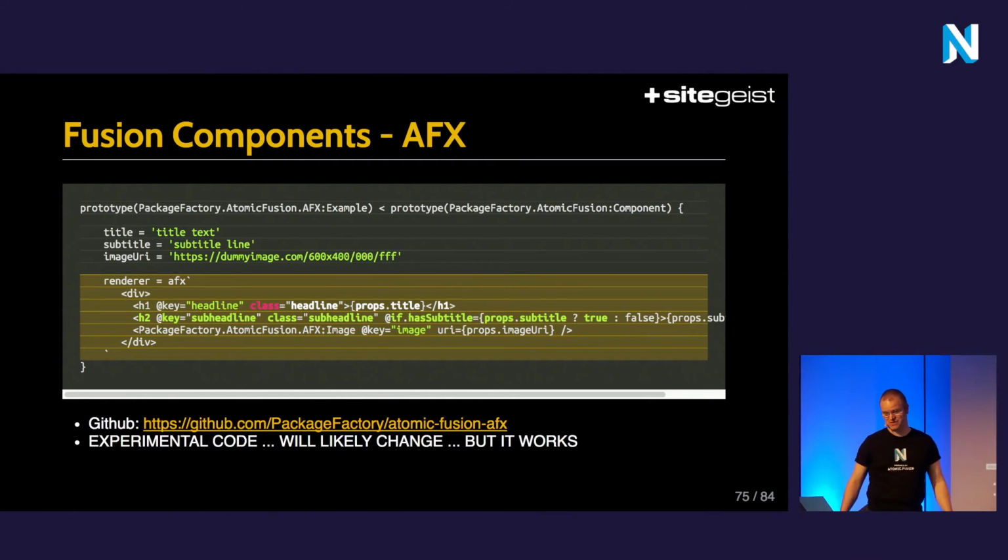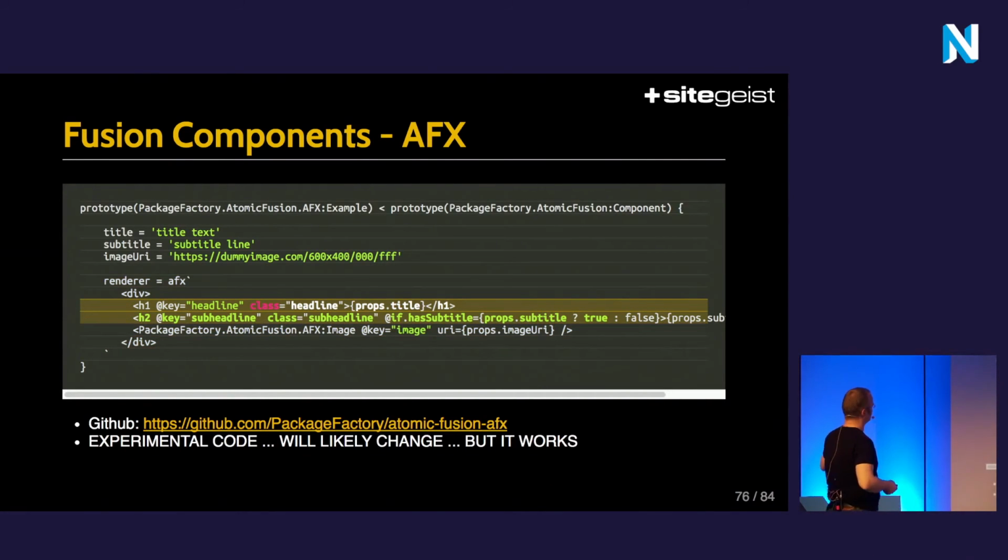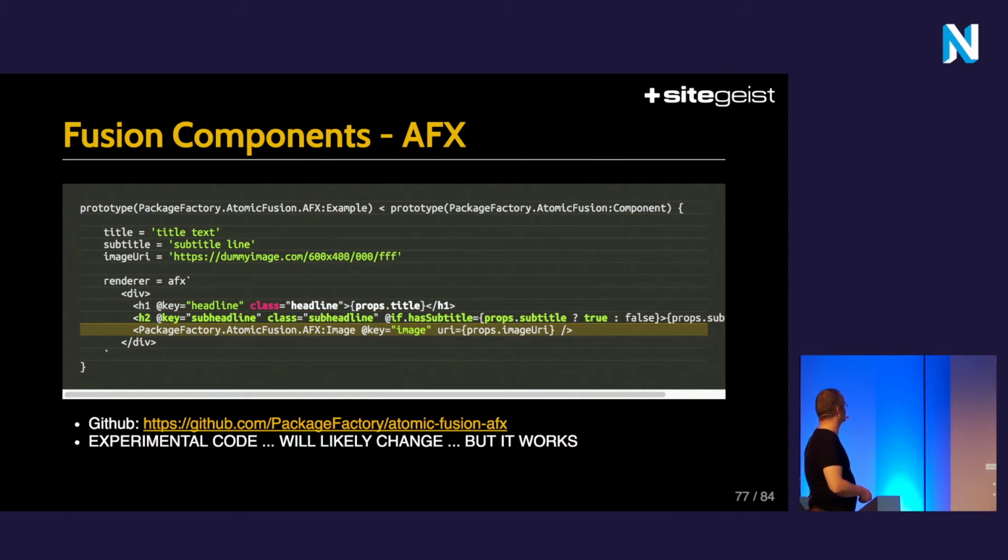So, of course, let me explain a bit how this internally works. There are mainly two rules inside AFX. Tags, which have no namespace, are just converted to Neos Fusion tag objects. And everything that has a namespace is interpreted as being a Fusion prototype.